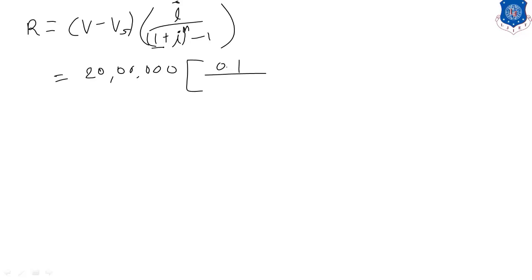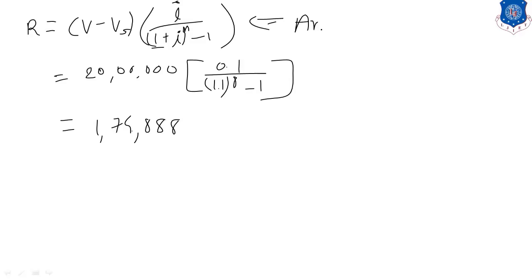Then 1 plus 0.1 makes 1.1, whole raised to n, the service life of 8 years, minus 1. By calculating this term, we get the annual depreciation R, which becomes 1,74,888 for the first year.